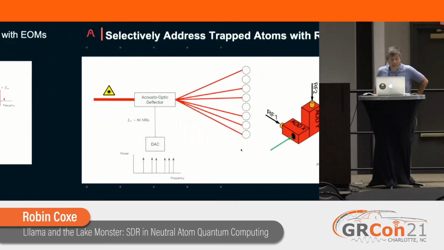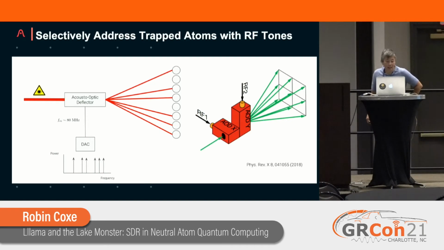The other thing we need to be able to do is selectively address the trapped atoms with RF tones. We do this through a device called an acousto-optic deflector, which translates the frequency of tones applied to it into deflection angles.